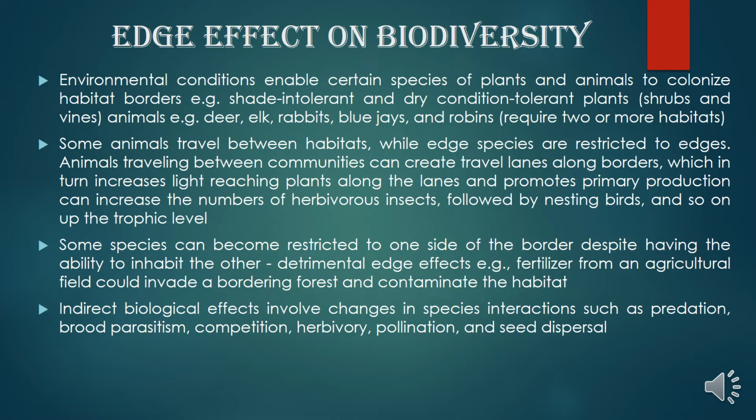We see that deer, elk, rabbit, blue jays are animals that can survive on a wide range of conditions. Deer survive on grasses, and it doesn't matter what species of grass, they can survive on any. Rabbits dig burrows in the grasslands, and so do various species of rodents, for example meerkats.